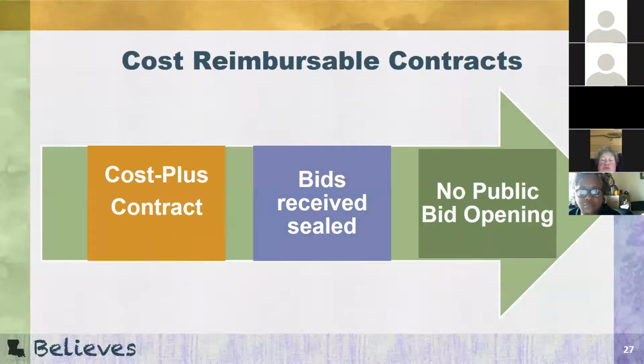If you're using a cost reimbursable contract, they also must be received sealed. Since the cost reimbursable contract has two parts, the technical requirement and the price, you do not have to have a public bid opening. The evaluation of a cost reimbursable contract includes reviewing the best technical responses according to the evaluation criteria and scoring it as stated in the solicitation.